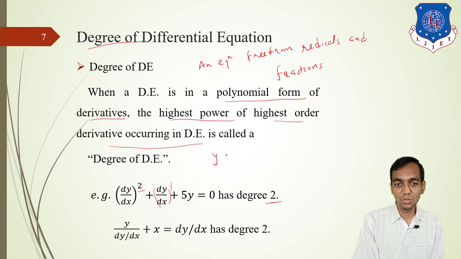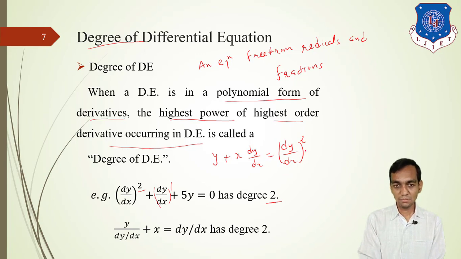Your equation will be of the form y plus x into dy by dx is equal to dy by dx into dy by dx, that means (dy by dx) the whole square. So here dy by dx is the highest order derivative, and the highest degree of the highest order derivative is 2.